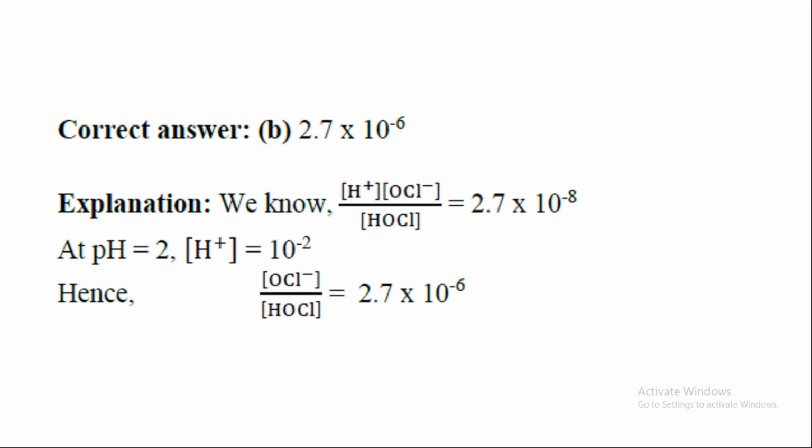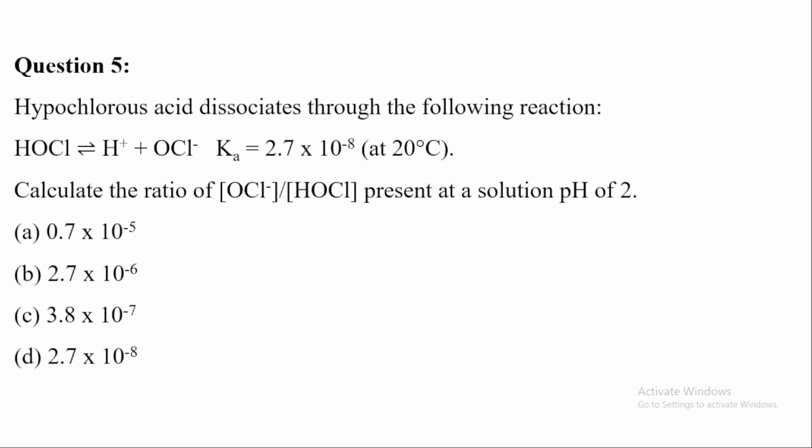That's why, in the question, Ka is written, right? Ka is nothing but the dissociation constant. So for this reaction, Ka is equal to H plus into OCl minus divided by HOCl, and that is equal to 2.7 into 10 raised to the power of minus 8.